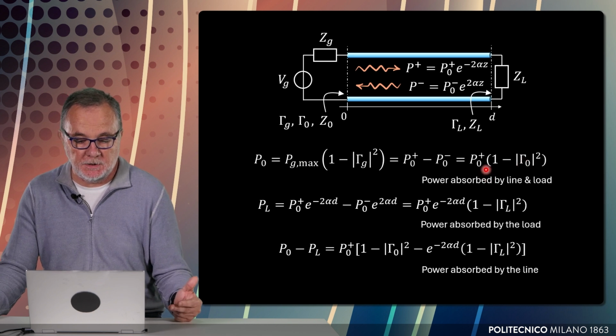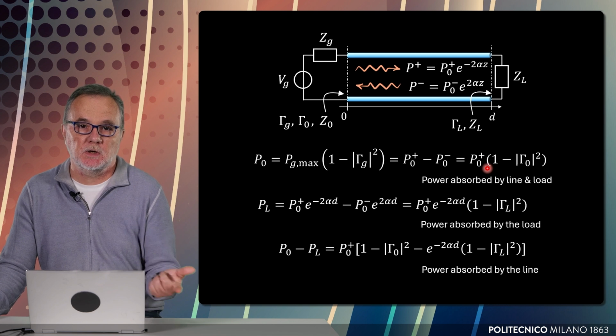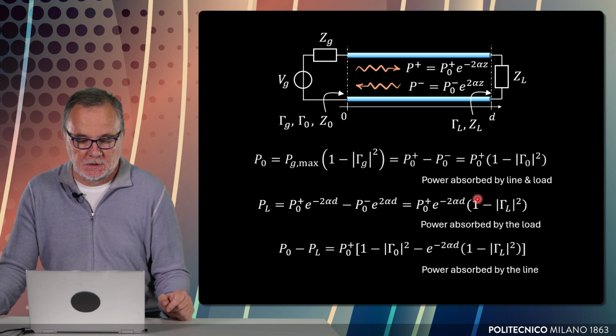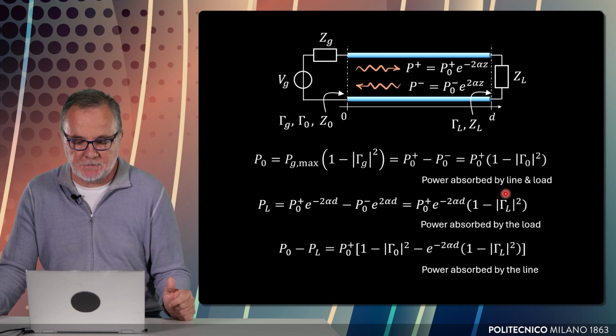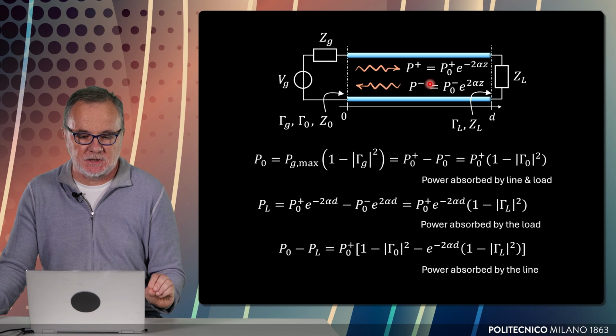We can obtain P naught plus through the power associated to the traveling wave in the positive z direction. So this represents the power absorbed by the line and the load, so that this expression or this expression represents the sum of the power absorbed by the line and the power absorbed by the load. What is the power absorbed by the line?